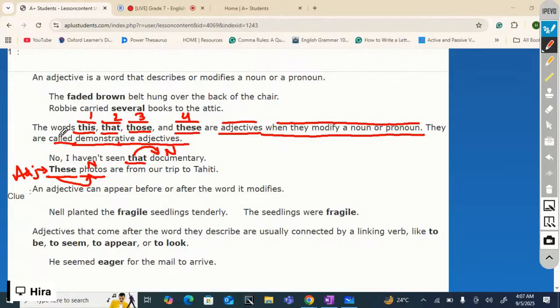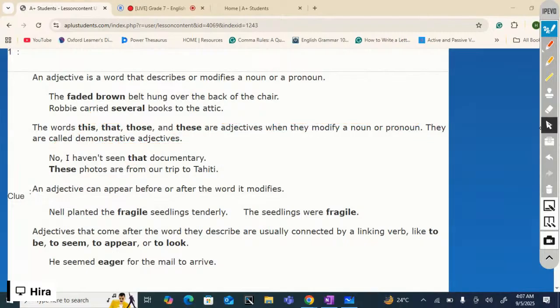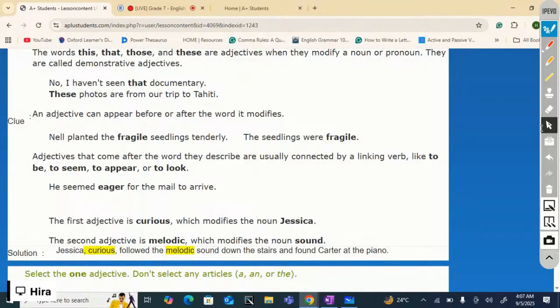So this is some more information about adjectives. Let's learn something more about adjectives. An adjective can appear before or after the word it modifies or describes. Nell planted the fragile seedlings tenderly.